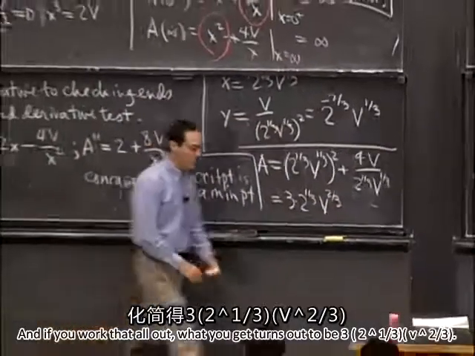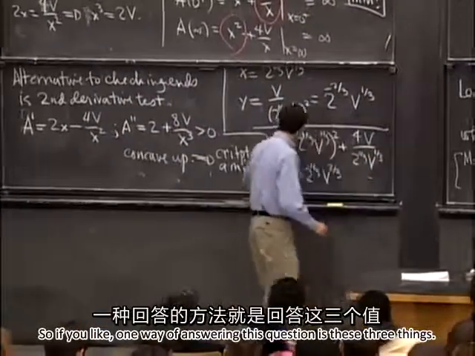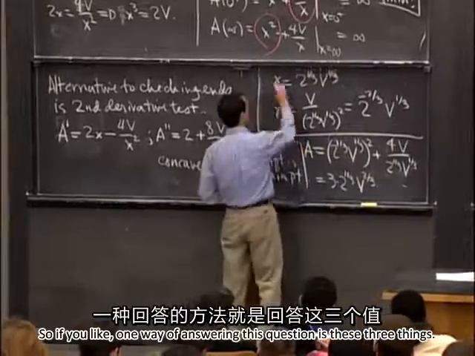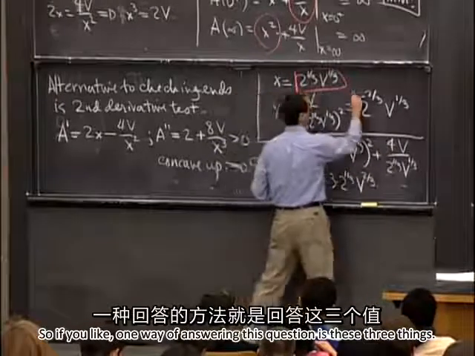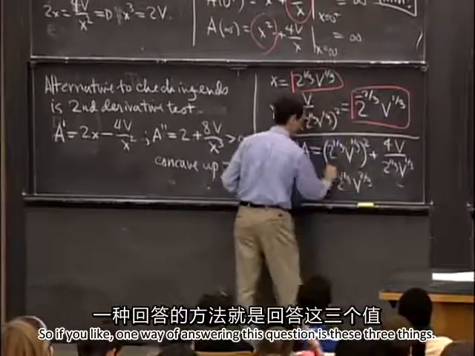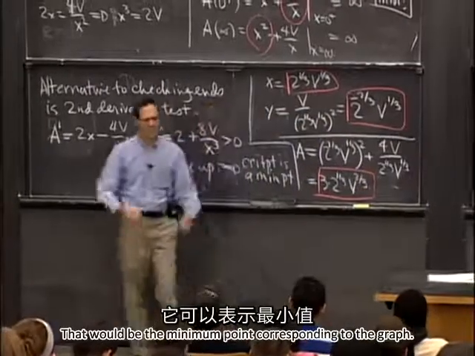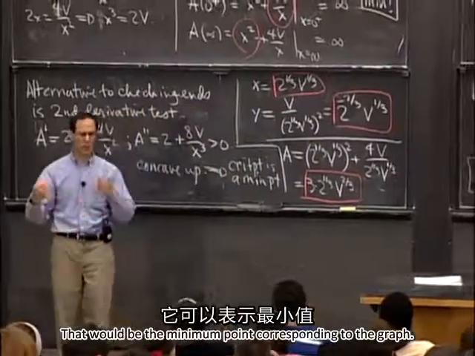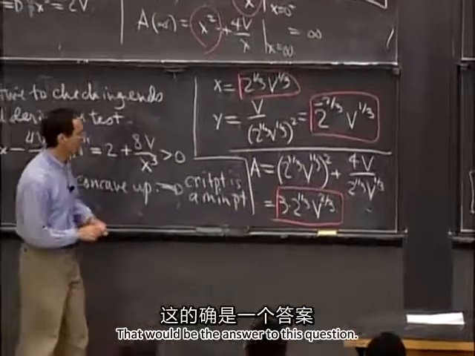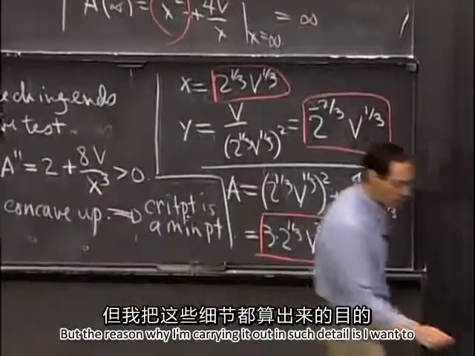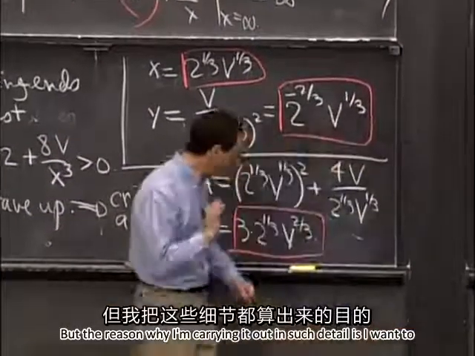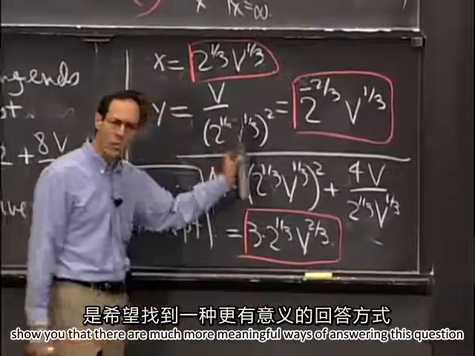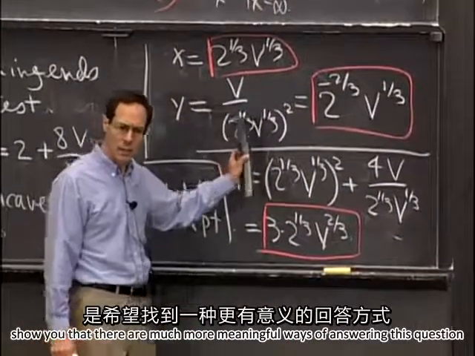All right? So if you like, one way of answering this question is these three things. That would be the minimum point corresponding to the graph. That would be the answer to this question. But the reason why I'm carrying it out in such detail is I want to show you that there are much more meaningful ways of answering this question.